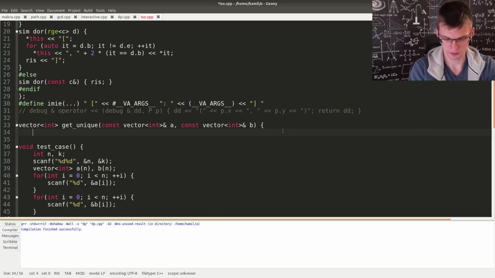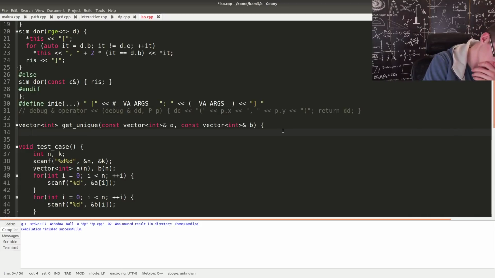Given two vectors, not exactly, wait. I want to get numbers that were never here. Okay, or can I just keep fixing? No, I cannot.